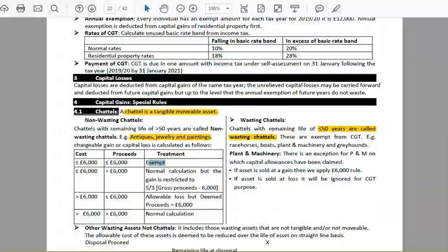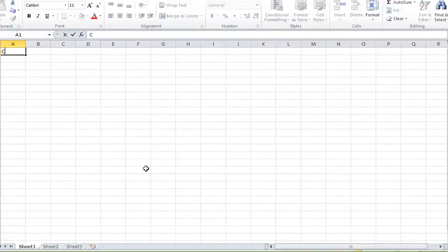DP stands for disposal proceeds, which means selling price. So right now, we are considering non-wasting chattels.